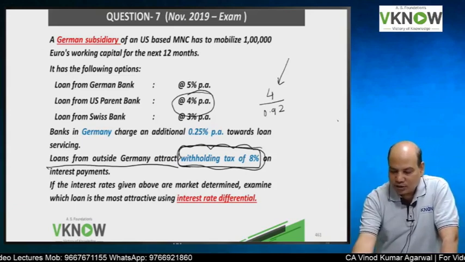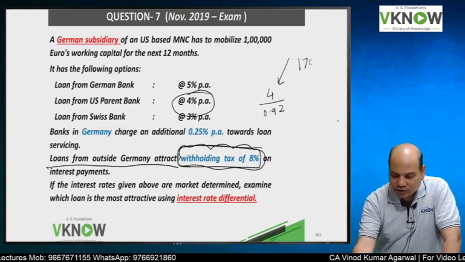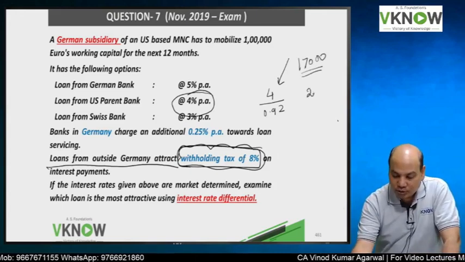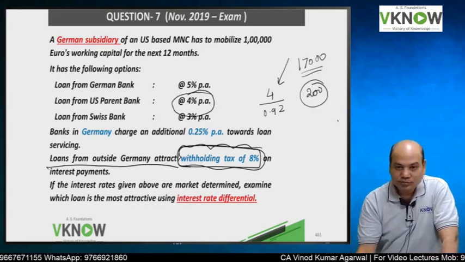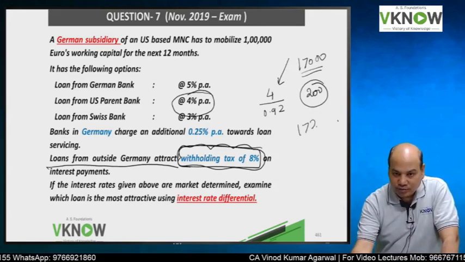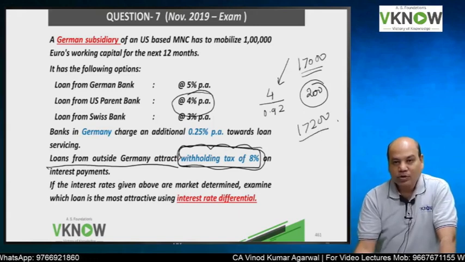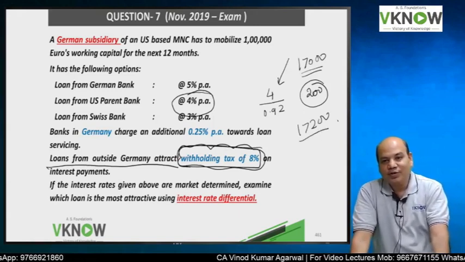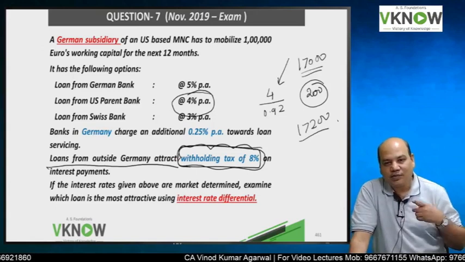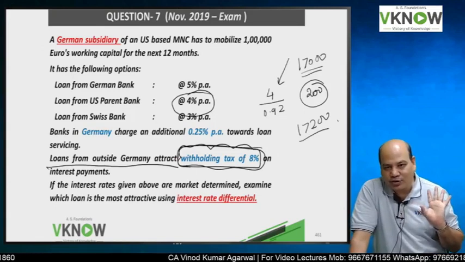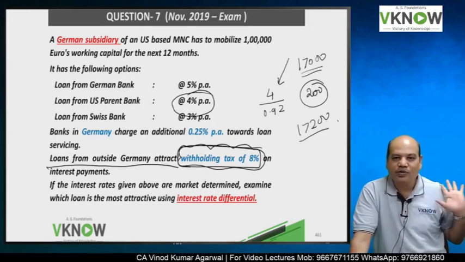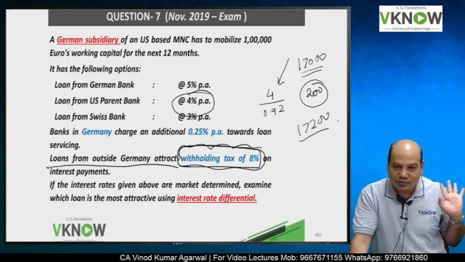Like my office staff says, sir, I want 17,000 rupees salary, but I have to pay 200 rupees profession tax also. Then what do I have to do? How much salary do I have to offer him? On paper, I have to give him 17,200 rupees salary. Because he says, I negotiated 17,000 with you that day. You said I will get 17,000. I want 17,000 in my account.